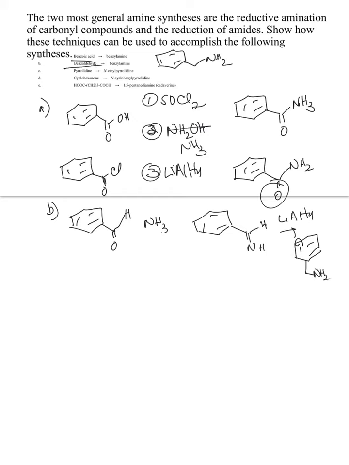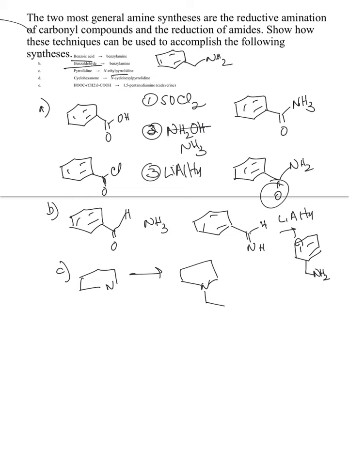Okay, the next one is pyrrolidine. So that structure looks like this. This is pyrrolidine, and you're trying to make N-ethyl pyrrolidine. So that's what N-ethyl pyrrolidine looks like.